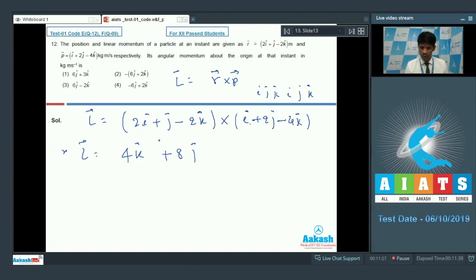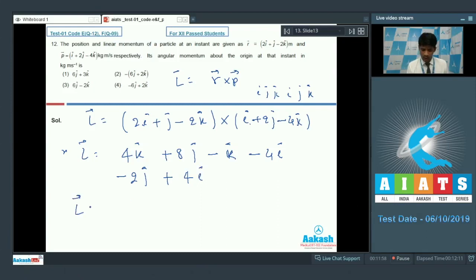Second part, j cross i will be minus k, j cross j will be 0, minus 4, j cross k will be i. Next portion, this is minus 2 here, k cross i will be j, and this is minus 4 here, k cross j will be minus i.